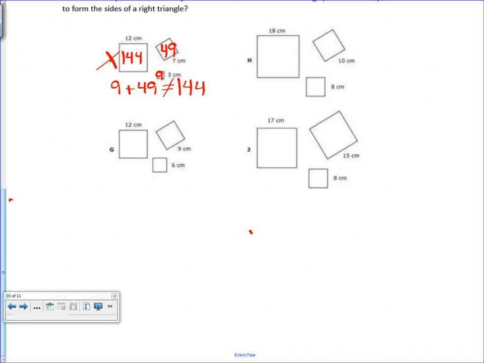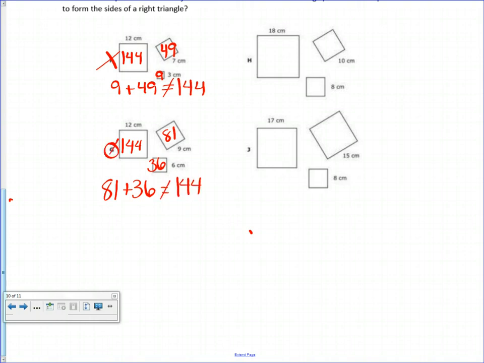Letter G, 6, 36, 81, and 144. 81 plus 36 does not equal 144.